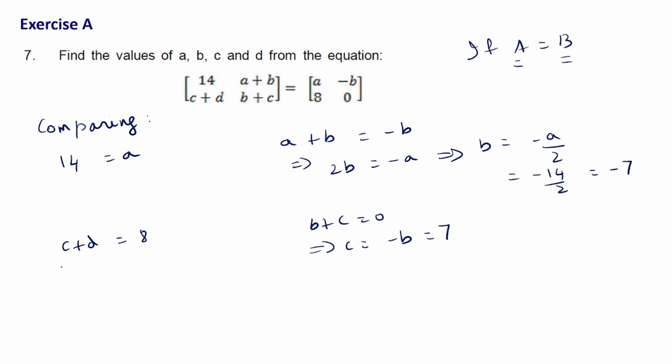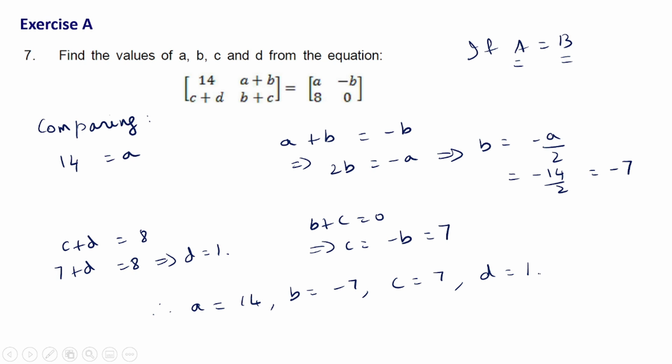Here c we got as 7. So 7 plus d is equal to 8, so d is equal to 1. Therefore a is equal to 14, b is equal to negative 7, c is equal to positive 7 and d is equal to 1. So these are the values of a, b, c and d.